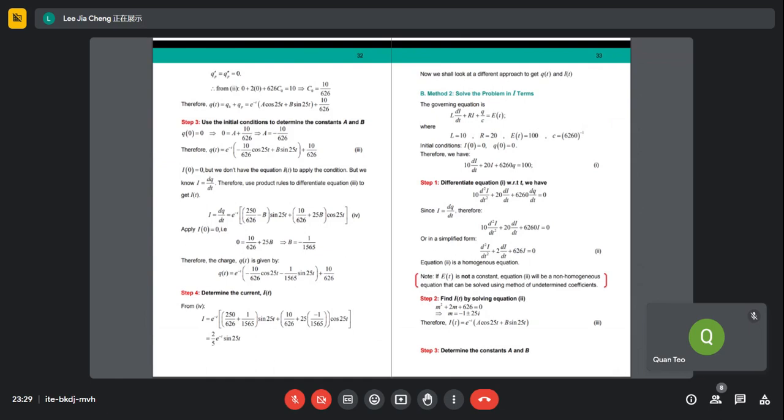We find that the root m is equal to negative 1 plus or minus 25i. So we write it in the i(t) form, which is e to the power of negative t times (A cos 25t plus B sin 25t). This is step 3.